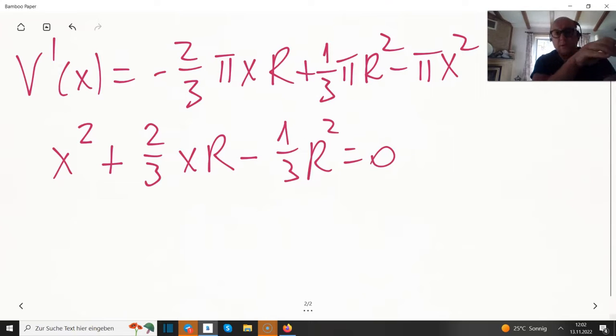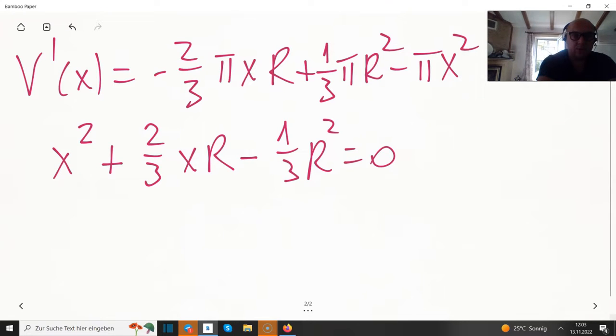You see, minus pi is the factor in front of x squared, so basically we know this is a parabola which is going down, so we do have a saddle point which is at the same time the max. The only thing we have to consider here is whether this x value would be a positive one, because it's bad if your length is becoming negative, so we wouldn't go for that.